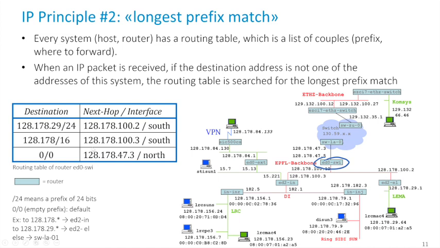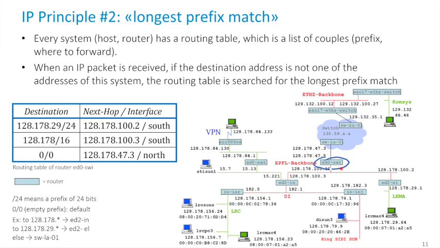It turns out that the hosts, the clients and servers, also have a routing table. One of the principles of IP is that, like in Unix in general, you don't really make a difference between end system and intermediate system unless there's a strong need for making that difference. So hosts and routers have a routing table.